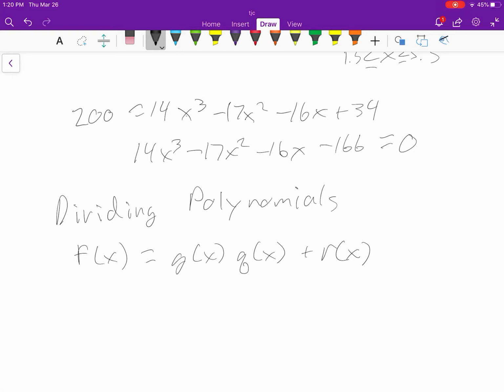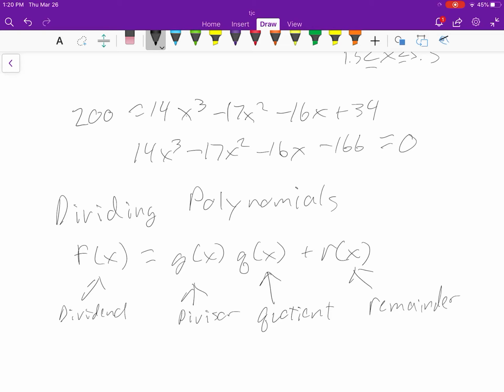So this right here is known as the dividend. This is your divisor. This is what you're dividing by. This is your quotient. And this is your remainder. Okay, so that's how it's going to look when you're done.